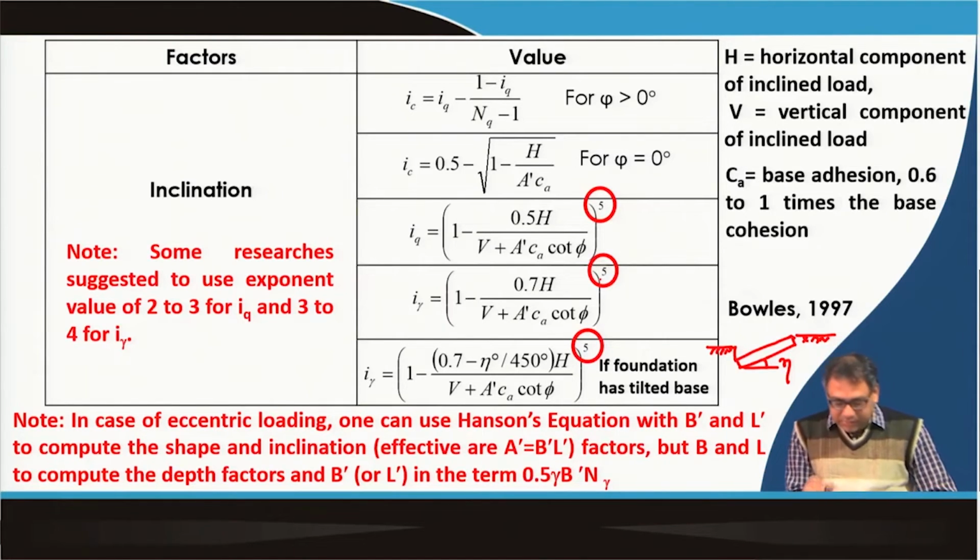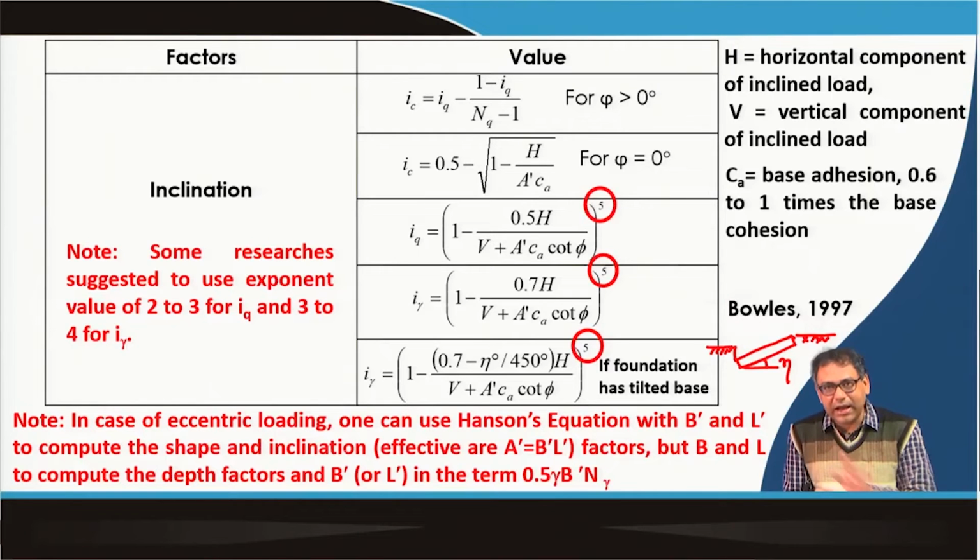And note another important thing, that in case of eccentric loading, again like Meyerhof, one can use Hansen equation with B dash and L dash to compute the shape and inclination factor. So, remember that here, because different theories have suggested different approaches to take care of the eccentric loading effect. In Meyerhof approach, what was the thing, that you use B dash and L dash to compute shape factor and depth factor. Okay.